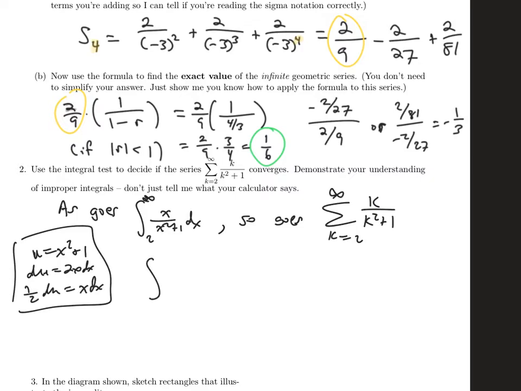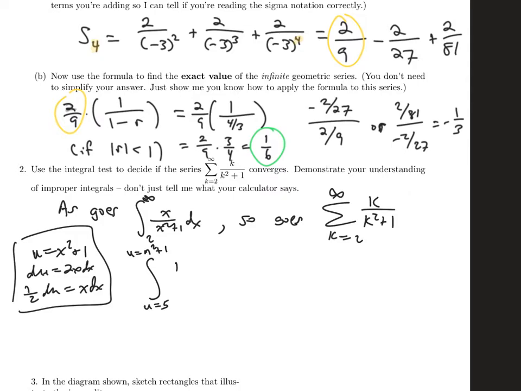The integral then, if I change this over to be in terms of u, when x is 2, then u is 5. When x is n in the top bound, so here remember I'll use an n here, if x is n, then u is n squared plus 1.